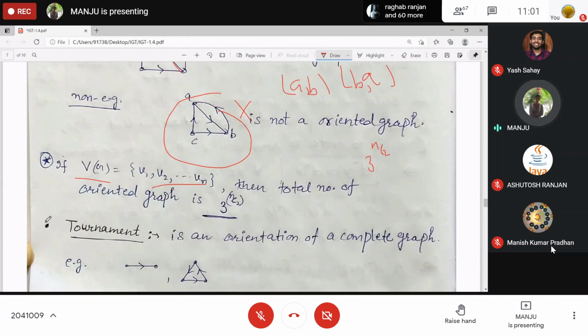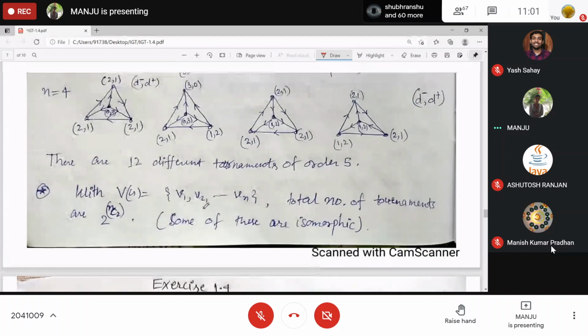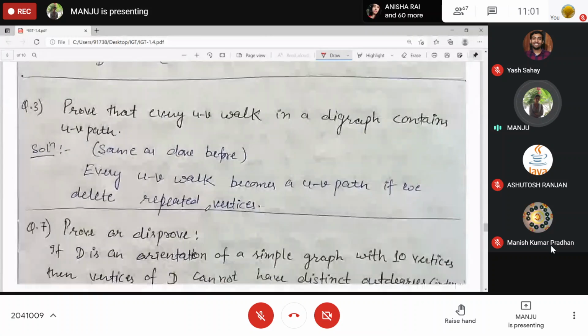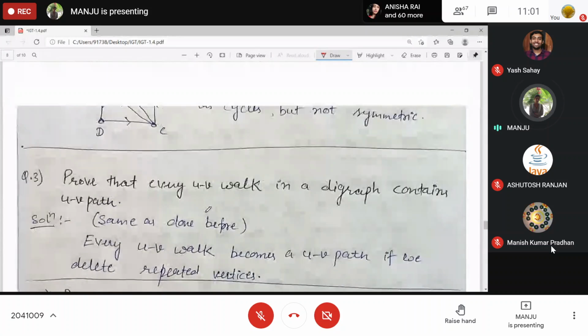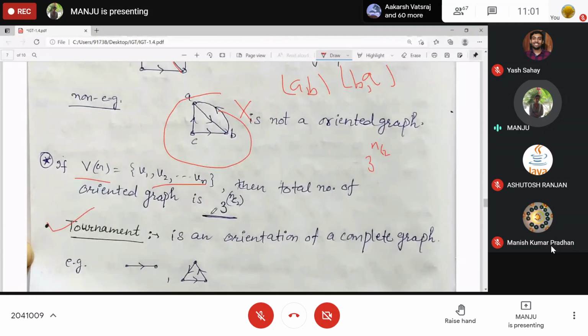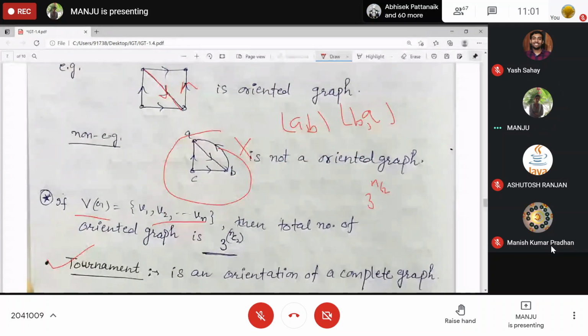I'll start with tournaments tomorrow. We are left with just the exercise part and this one, to complete in the next class. Next class we have tomorrow. Any doubt?